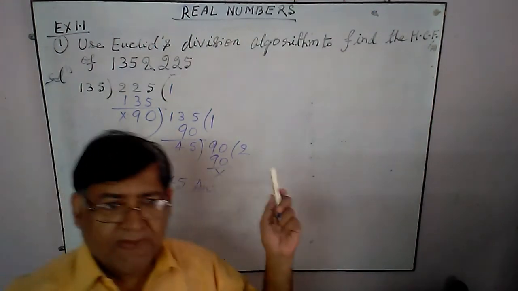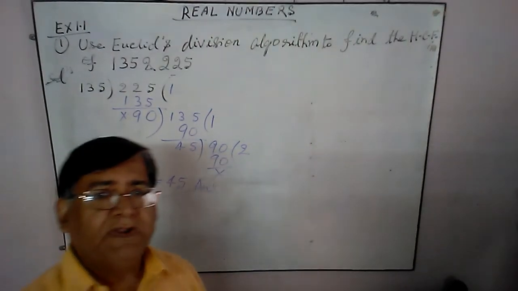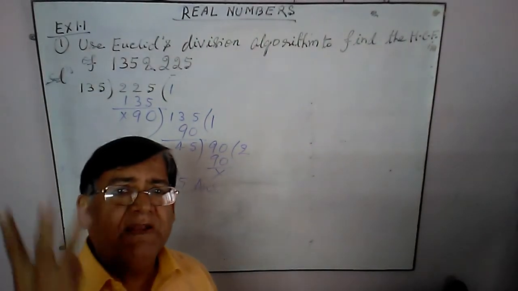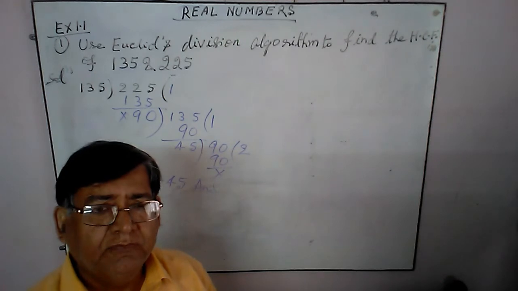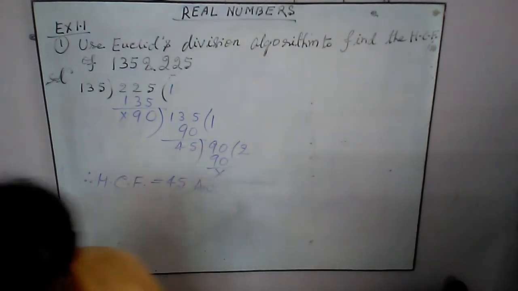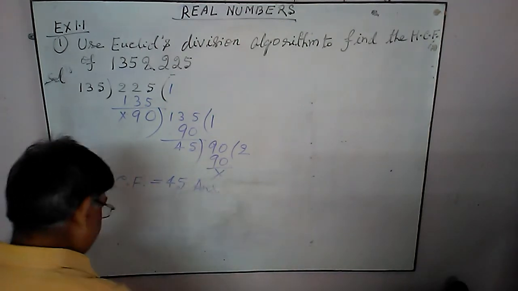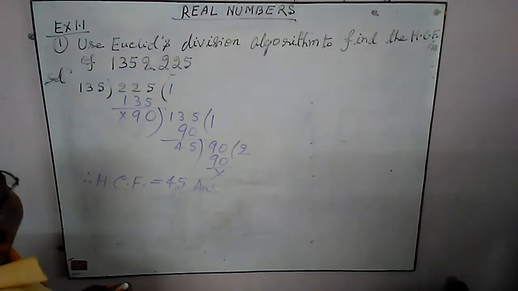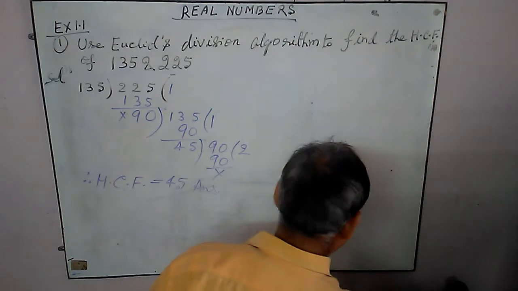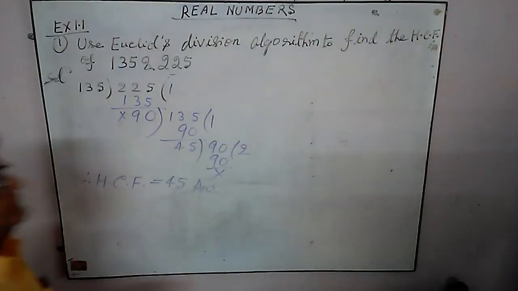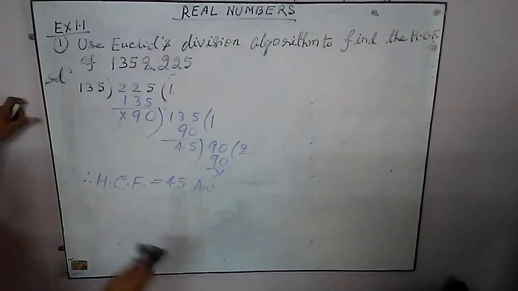This was for finding the HCF of only two numbers. Suppose three numbers are given, then what will you do? Next time, we are going to take one more example of three numbers.